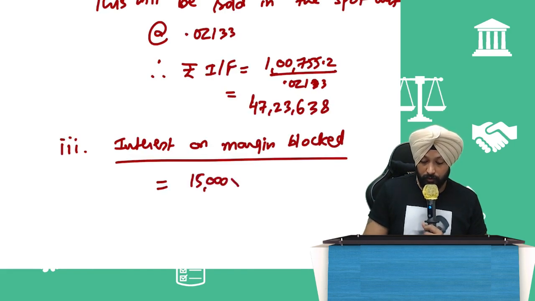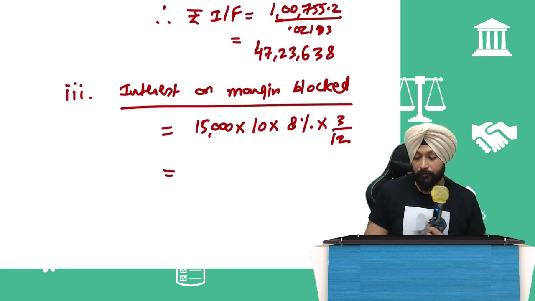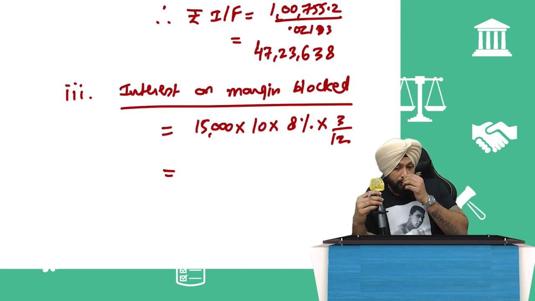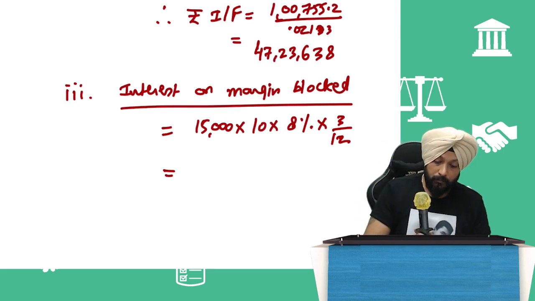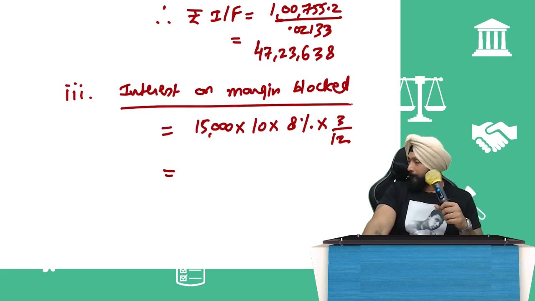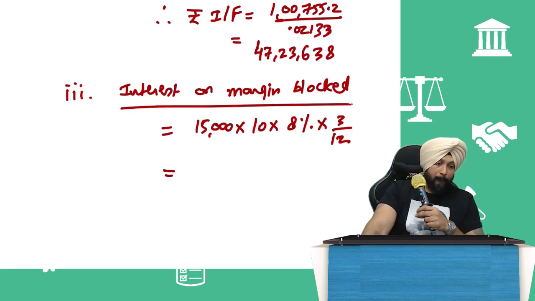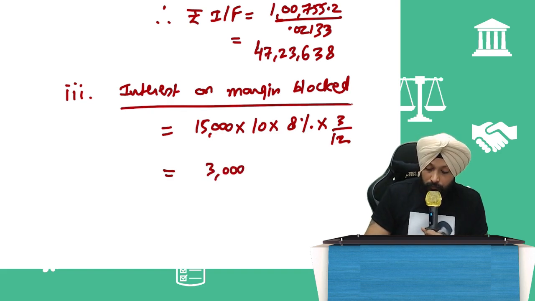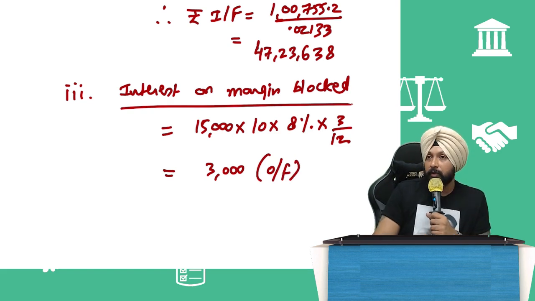So 15,000 into number of lots, 10, into 8%, into validity of the contract, 3 months, 3 by 12. Interest on margin blocked is 3,000.